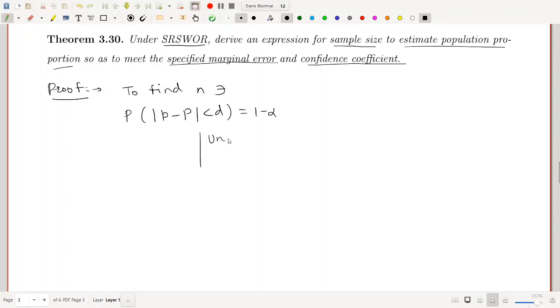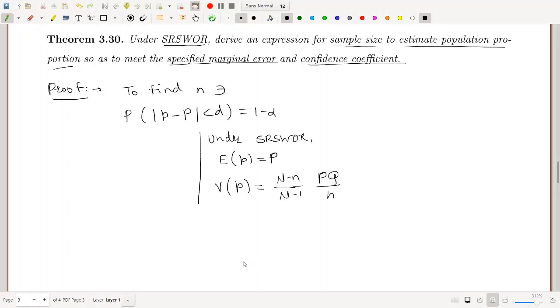Under SRSWOR, we know that expected value of small p is capital P. This means sample proportion is an unbiased estimator of population proportion, and variance of small p we already obtained, which is N minus n upon N minus 1 into PQ upon n.